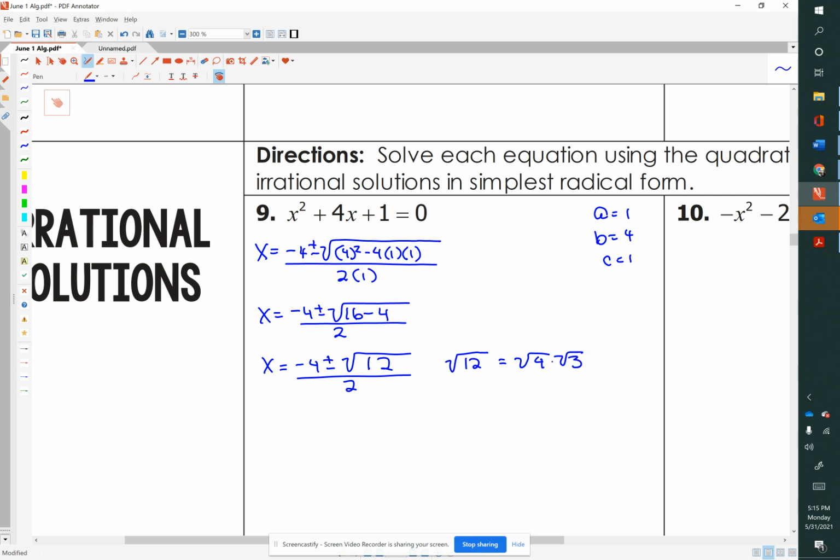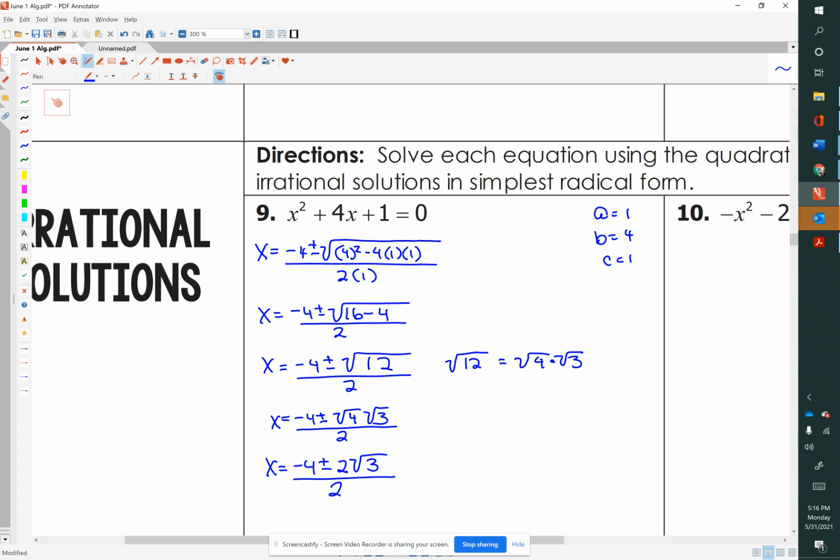There is implied multiplication between them, students. So we will rewrite that. X equals negative 4 plus or minus the square root of 4 times the square root of 3, all divided by 2. And we'll evaluate it further. Negative 4 plus or minus 2 times the square root of 3, since the square root of 4 is 2, all that divided by 2.